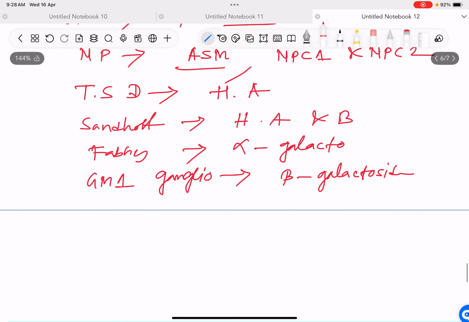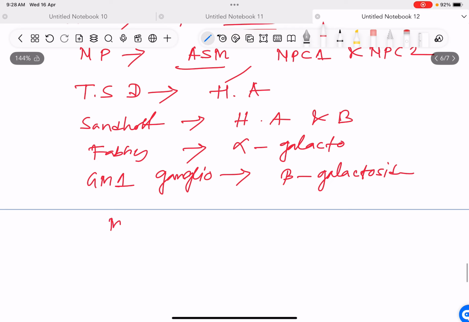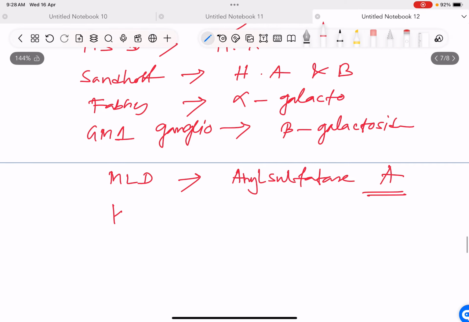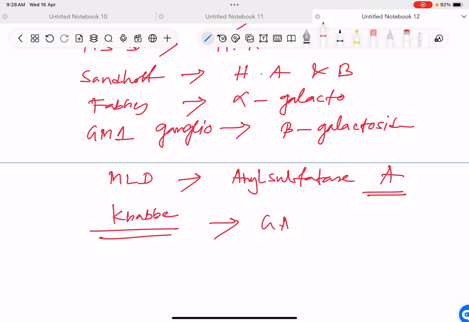Okay. Finally, we have metachromatic leukodystrophy due to aryl sulfatase A. Remember this, A. And lastly, Krabbe. Krabbe disease is due to GALC.